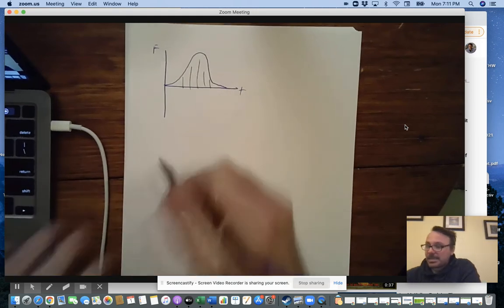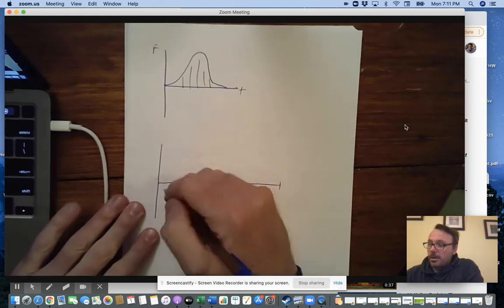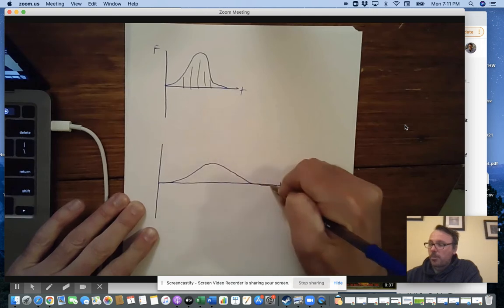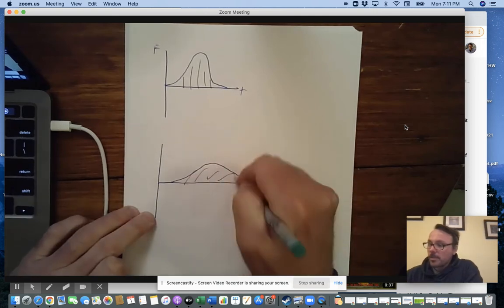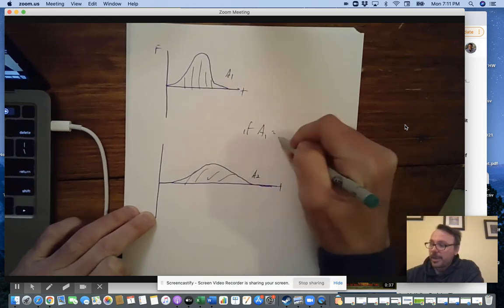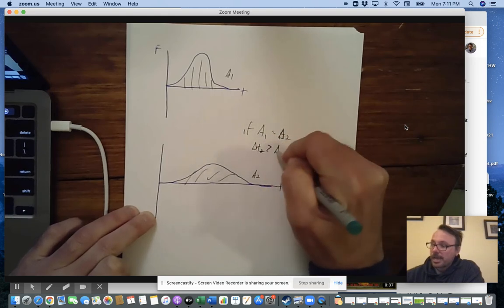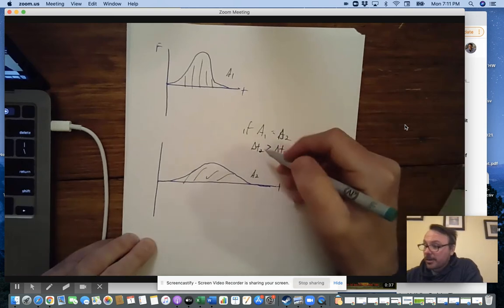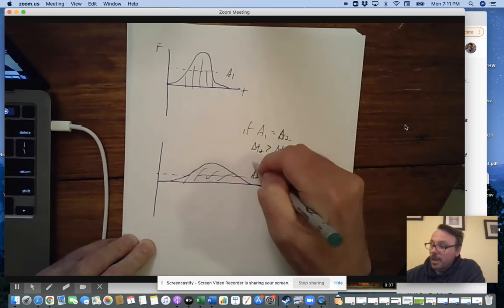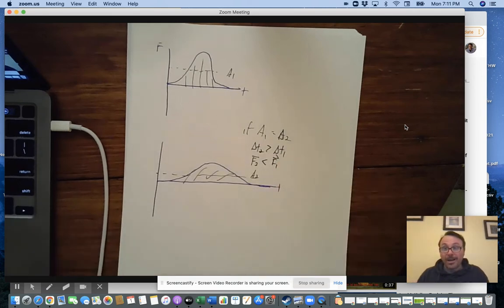If I take that same idea, with the same area, but stretch it out more, such that area 1 is equal to area 2, the reason is because the time for 2 was greater than the time for 1, yes? And notice here that if I look at the average force for 1 and the average force for 2, the average force for 2 was lower than the average force for 1. Well, why is that relevant?